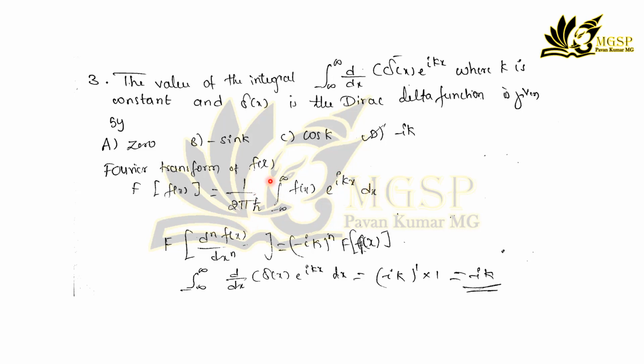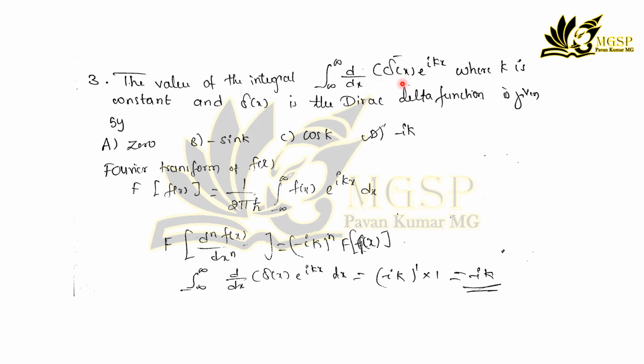Don't worry about the constant in front; it depends on which function you consider. Sometimes it will be root of 2 pi, sometimes only 2 pi. This is just a normalization constant. They have asked you to find the value of this. The general formula is that the Fourier transform of d power n f of x by dx power n is equal to minus ik to the power n times f of x.